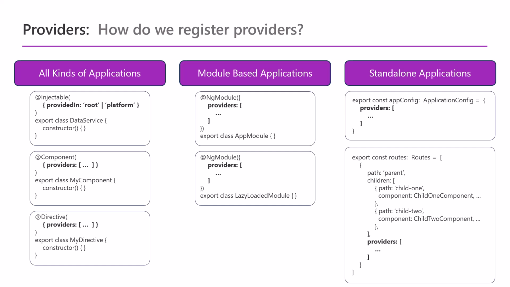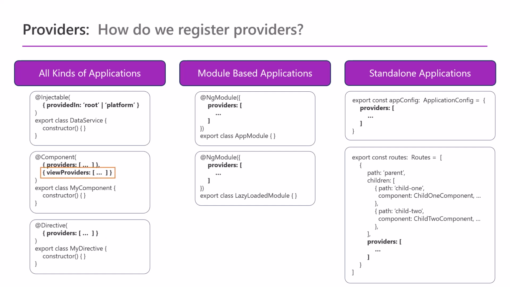So far, we've seen that we can register our providers within a providers array, and the providers array exists on components, directives, modules, routes, and the application config. But there's one other array where we can register our providers, and that array exists only on a component, and it's called viewProviders.